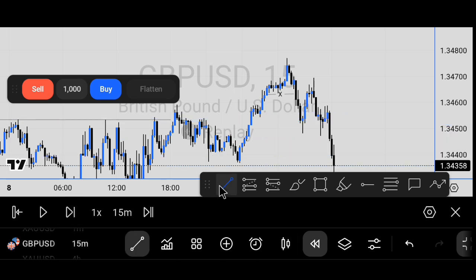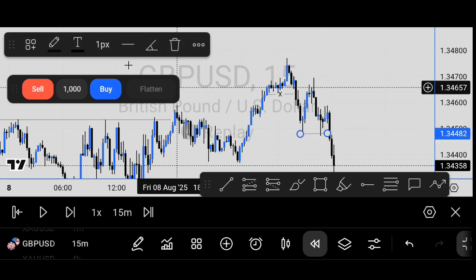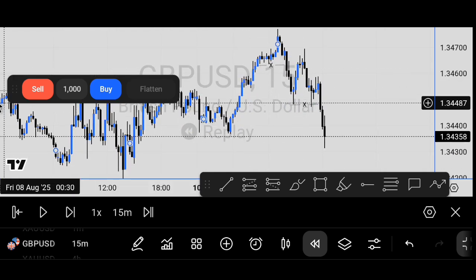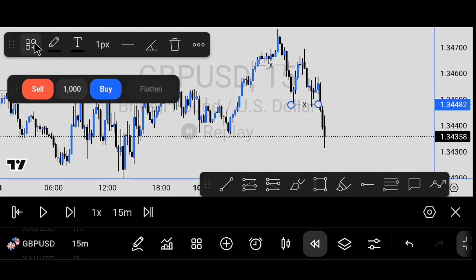We also got the internal change of character right here, and that was everything. I even made a short video that I was expecting price to pull back to this supply right here so that we can go short.